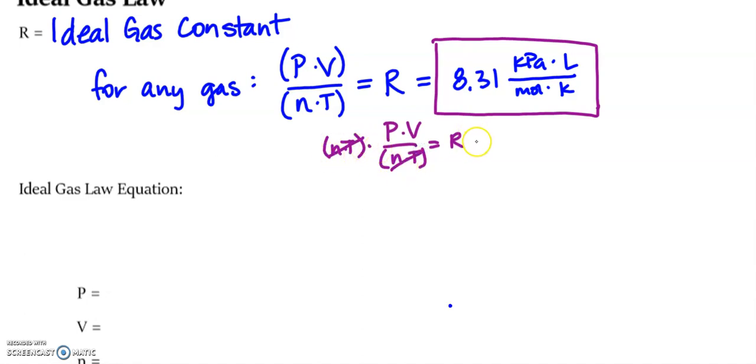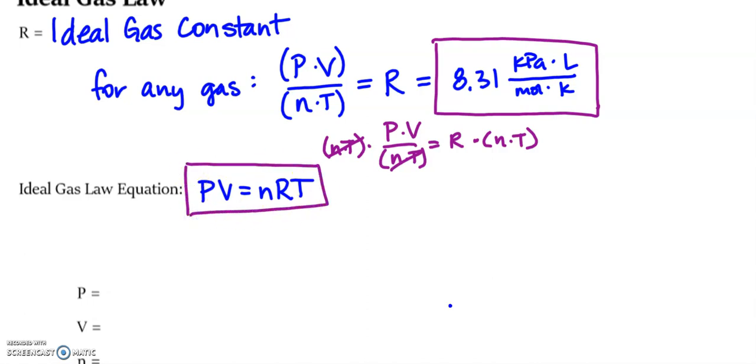If you do something on one side, you do it on the other side. So to write our ideal gas law, what we usually write is P times V equals, and I don't know why it's in this order, N, then R, then T. And you know that multiplying order doesn't matter. So PV equals nRT, sometimes it's said. All right, so here's our ideal gas law equation.